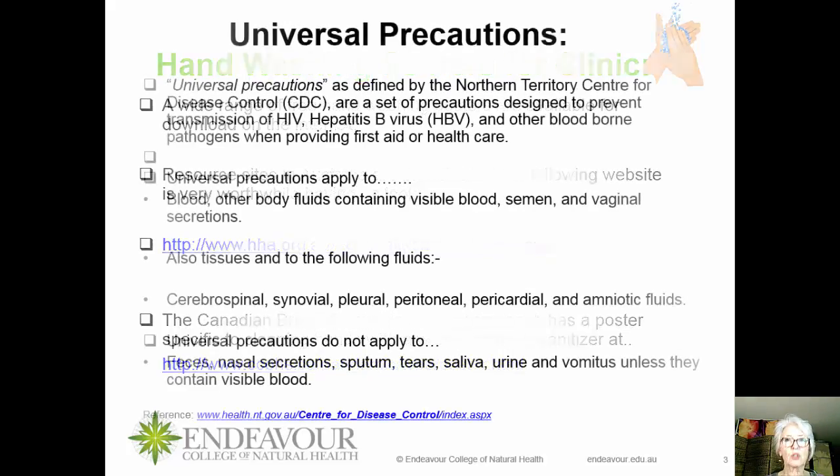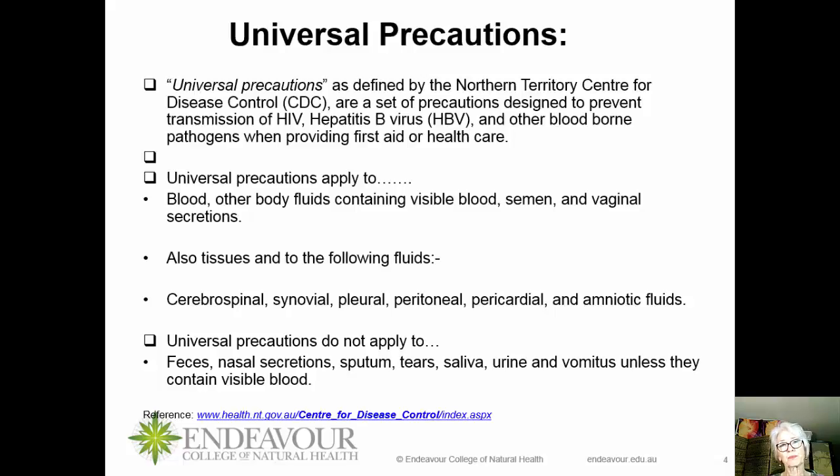Let's have a look next at universal precautions. What are universal precautions? They're defined by the Centre for Disease Control, CDC, as a set of precautions designed to prevent transmission of HIV, hepatitis B, known as HBV, and other blood-borne pathogens when providing first aid or health care. Universal precautions apply to fluids such as blood, other body fluids containing visible blood, semen, and vaginal secretions.